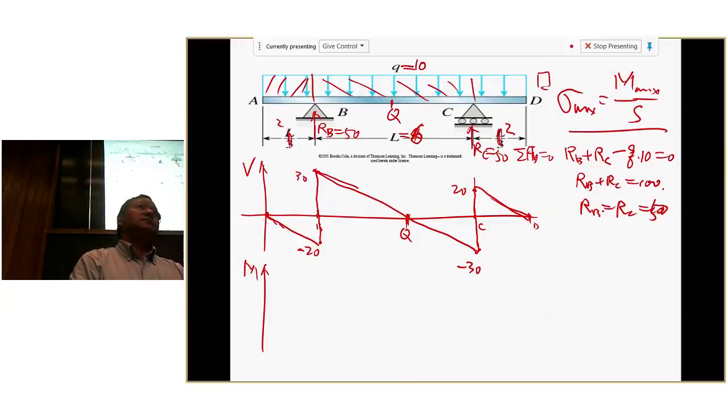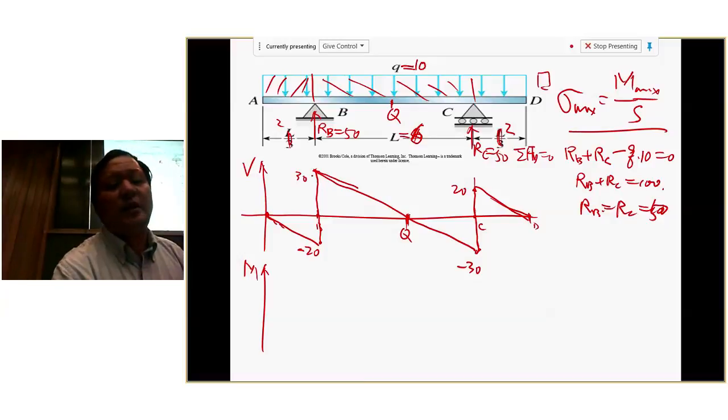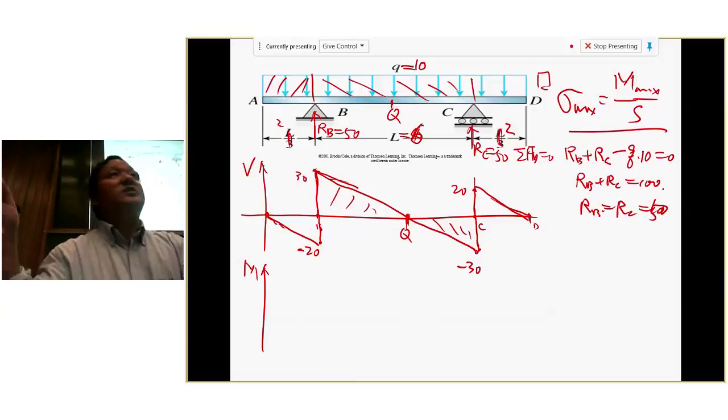5, right? For this one, there are multiple ways you can find it. For this one, it's symmetric, so it's right in the middle. That's the easiest way for this problem. But in a lot of situations, you cannot use symmetry because it's not symmetric. Then you just need to find out what the slope is here. This triangle is proportional to this triangle, and you know the total is 6.